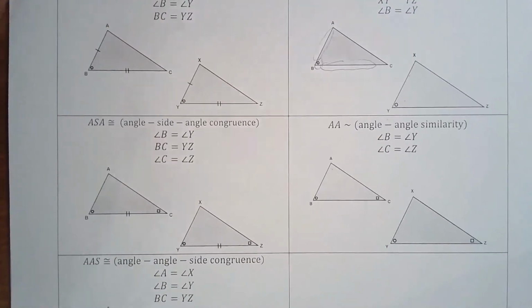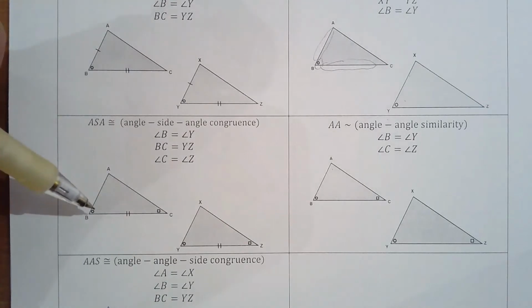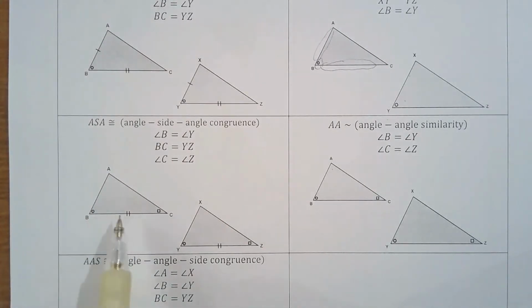Okay, we have angle side angle congruence. Really it's just angle side angle. If you have these two angles and their corresponding angles are congruent, and this side BC is the same length as YZ, that's sufficient to show that the two triangles are congruent.